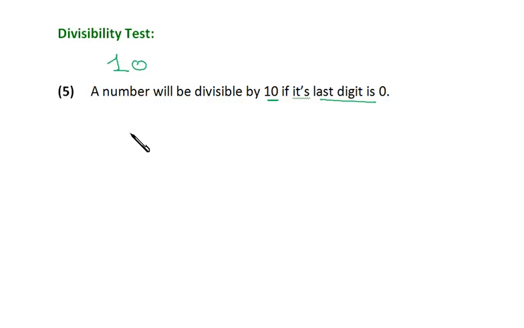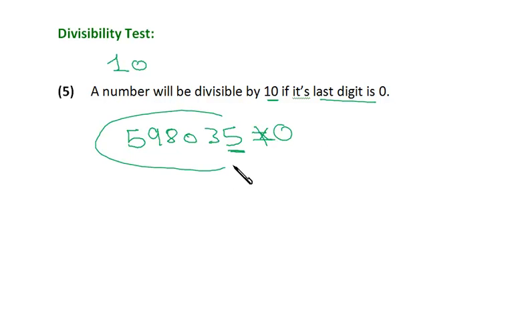So suppose we've got this number 59803, 5, right? So the unit digit is not 0. That means this number is not divisible by 10. But now in the same number, if we add a 0 behind, then this number will be divisible by 10, right?